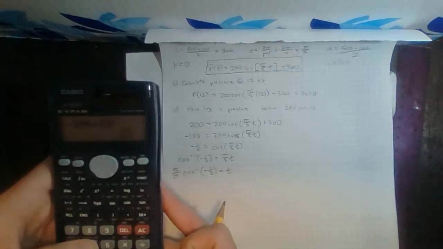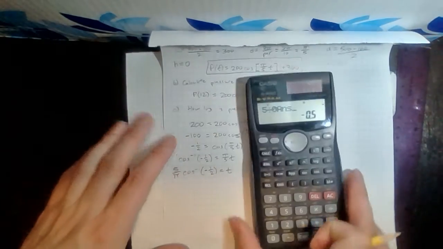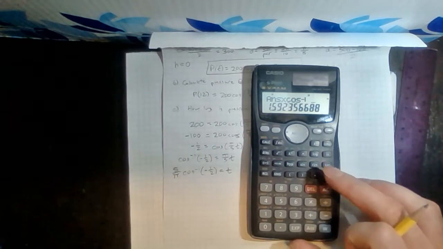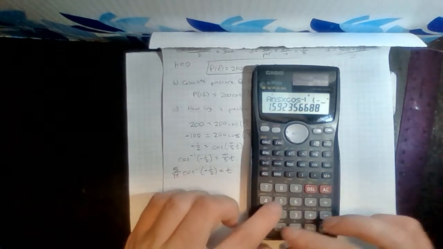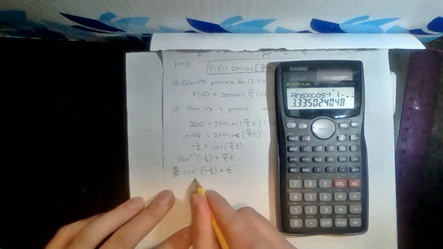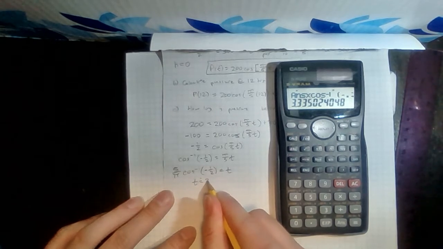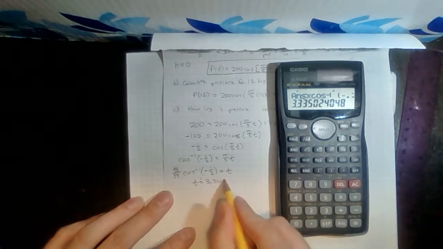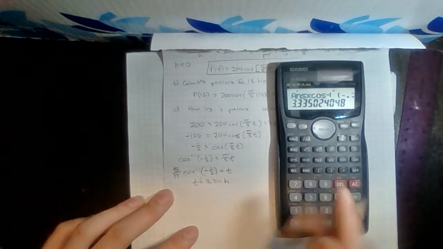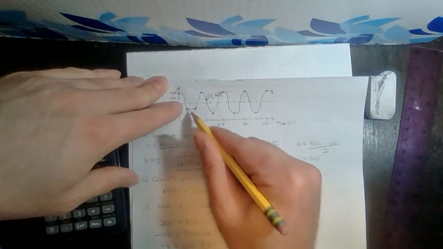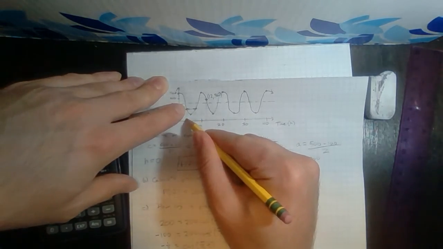So 5 divided by pi, you can use the pi button, or 3.14, times cosine inverse of negative a half, so t equals approximately 3.34 hours. Okay, so let's look back at our graph. 3.34 hours. Okay, that sounds reasonable for this one.